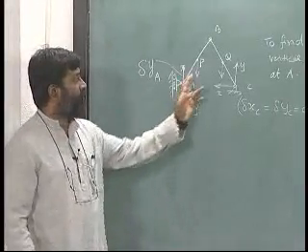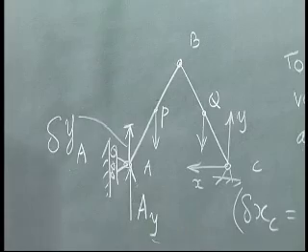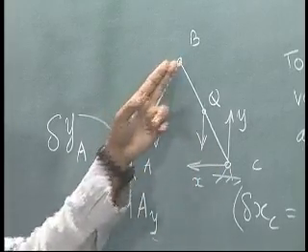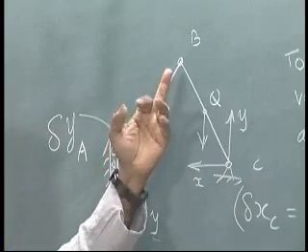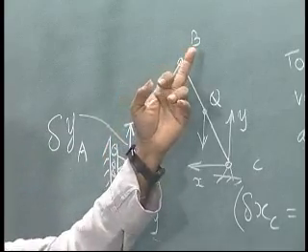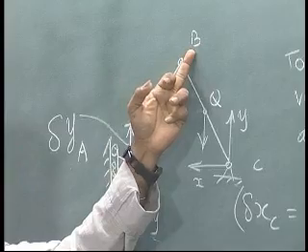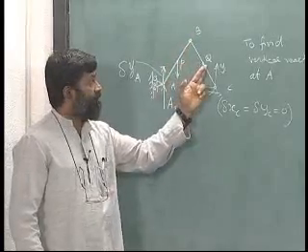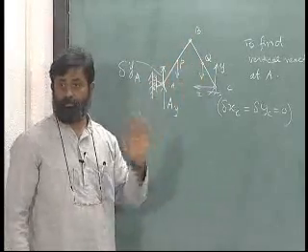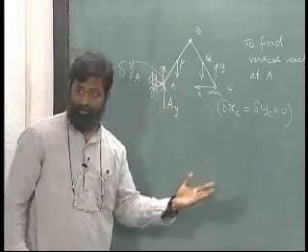So the aim is to find out these 2. But please remember, as I had mentioned earlier, this is one rigid body, this is another rigid body. So I should seek to find out what is the virtual displacement of B, so that I can find out the virtual displacements of P and Q. Okay. So that is the way we have to go about.